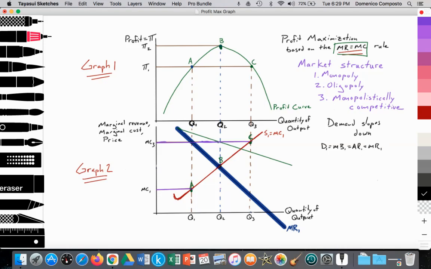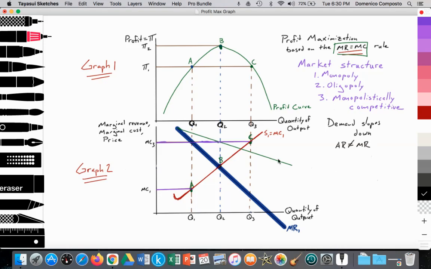That was for perfect competition. But this is different for these market structures. No longer are average revenue and marginal revenue equal. Since demand slopes downward, AR does not equal MR.